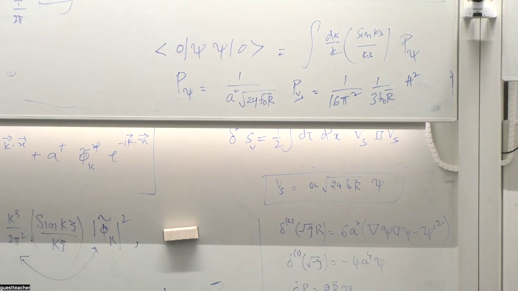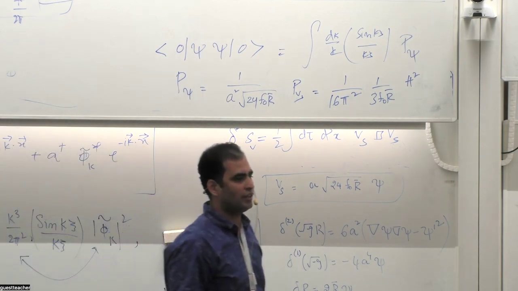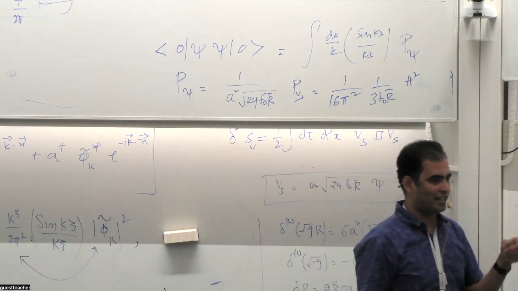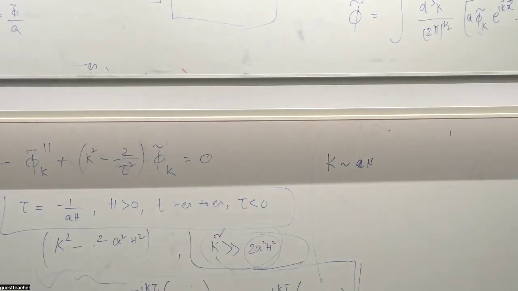But in the textbooks and a lot of lecture notes, you hear that people evaluate the correlations at the horizon exit. Horizon exit is the moment when k is roughly of the order of ah. That means your wavelength meets the particle horizon. That's where gravity meets quantum mechanics.